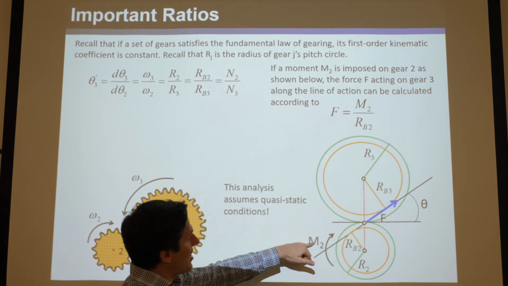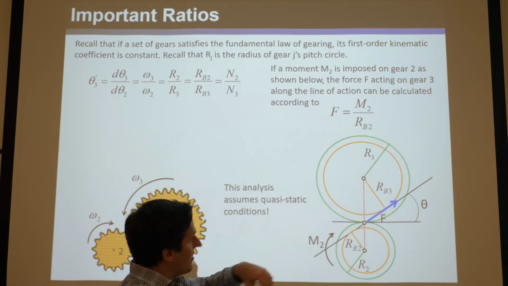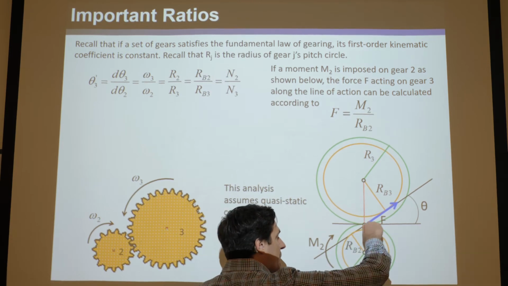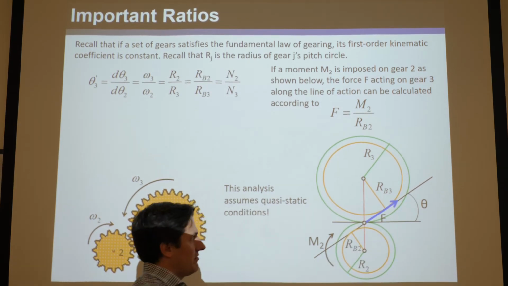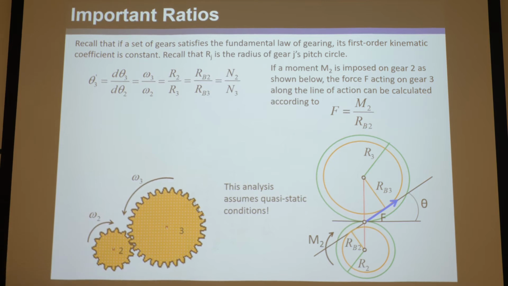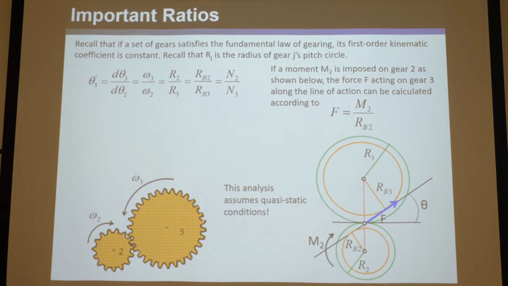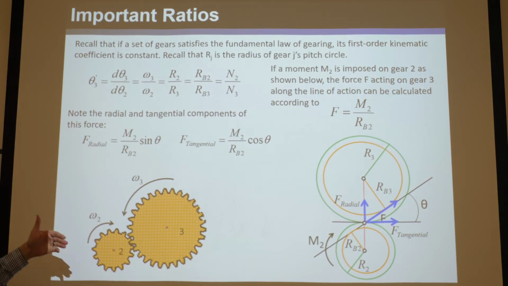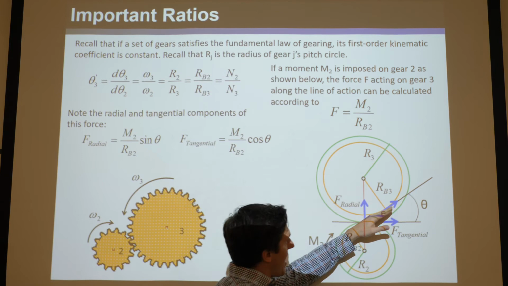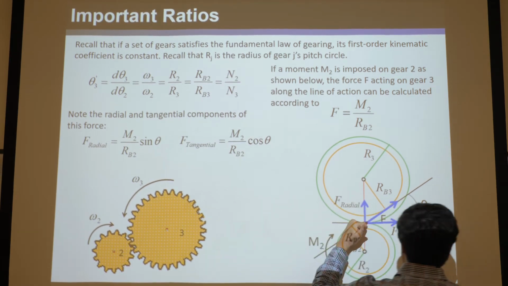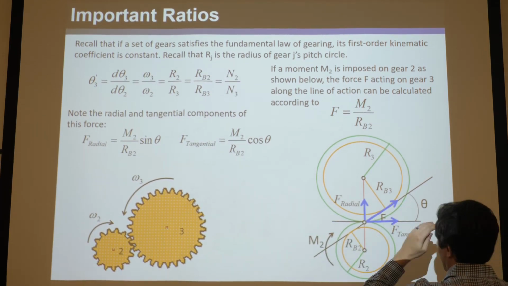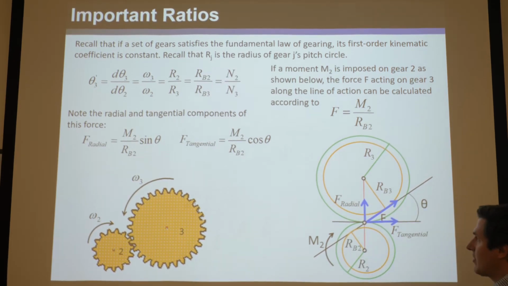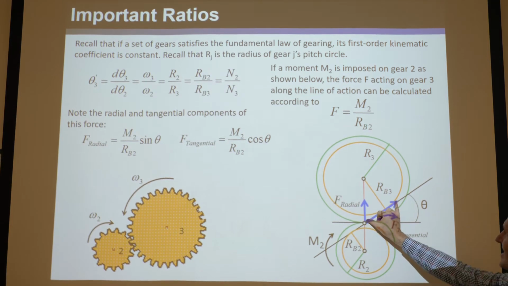If you crank that moment on it, then it's a true scenario that M2 divided by this base circle radius will be the force along the line of action, or this pressure line. So that's F. Since we have this max force here, we can find a radial component along the radius and a tangential component that breaks this force up.